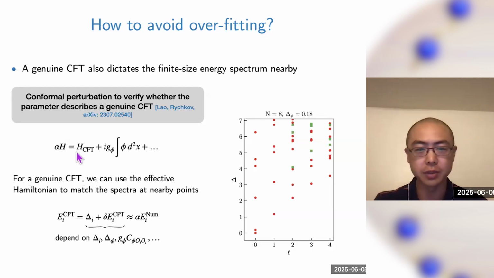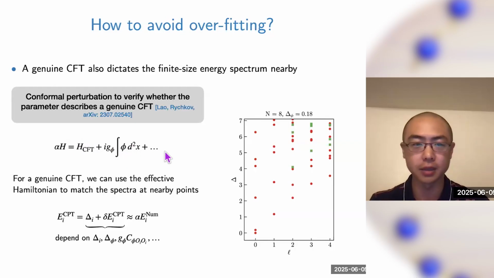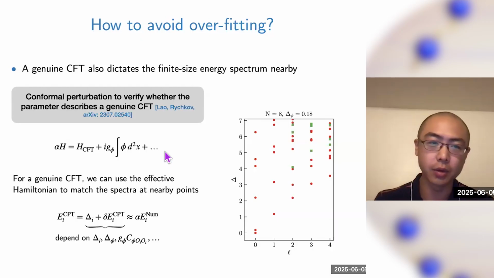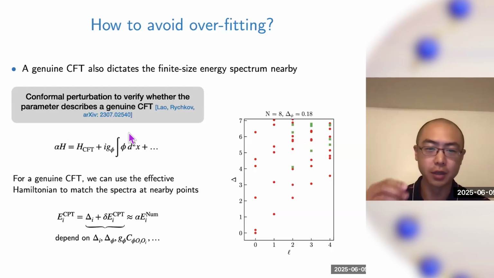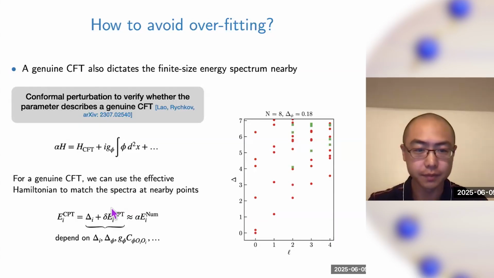We should be able to describe the Hamiltonian after rescaling by this effective description, where we have this H_CFT plus the relevant perturbation and so on. And we should be able to use conformal perturbation to predict all the energy spectrums at the nearby points when the system deviates a little bit away from the critical point.